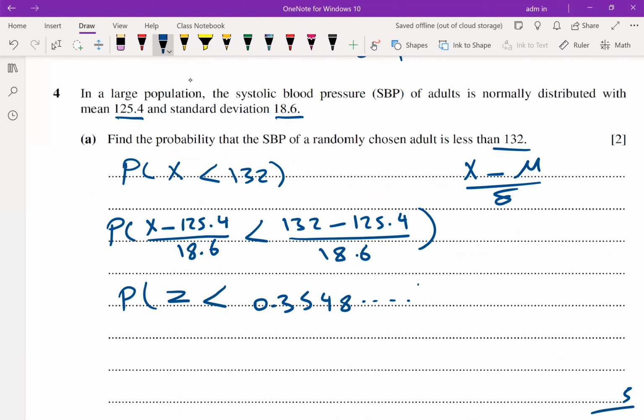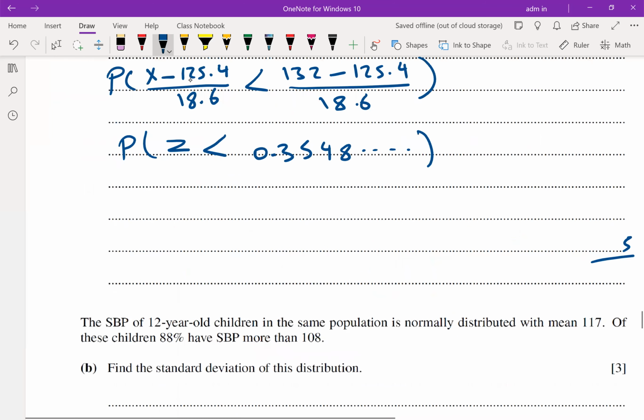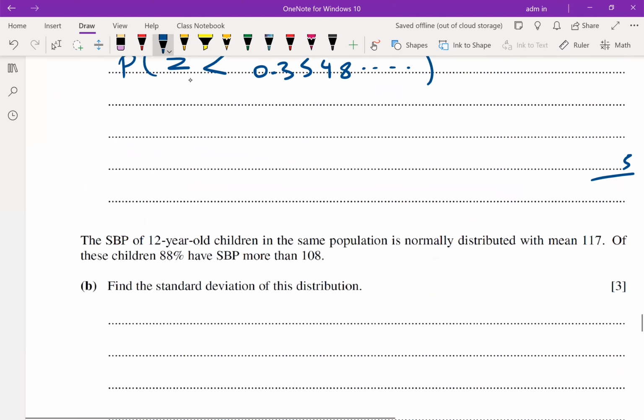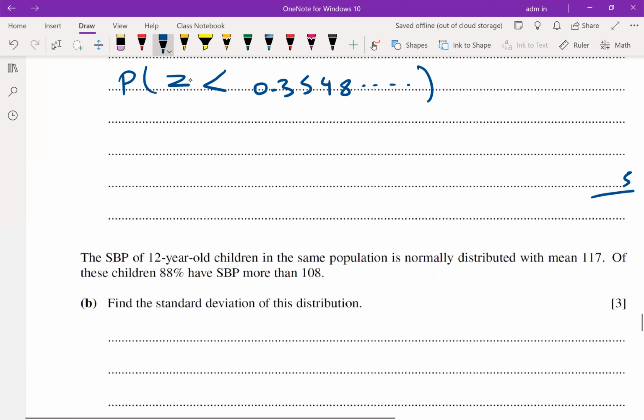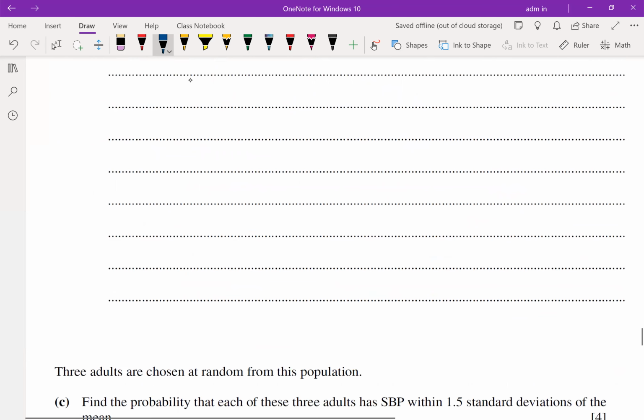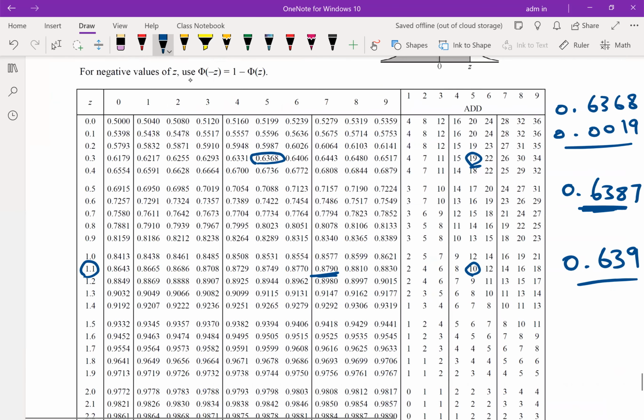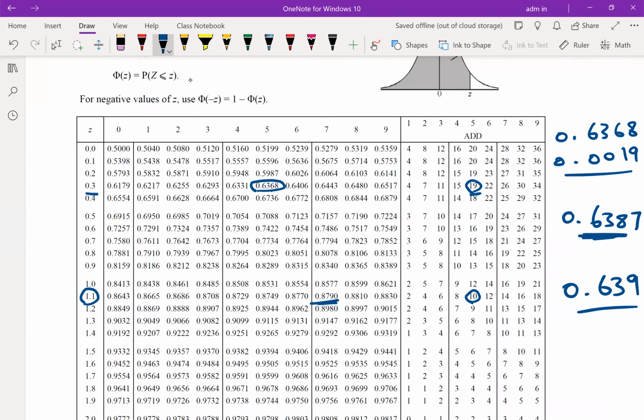How to get your answer from the table? I will show you the solution table now. We'll search for 0.355. For 0.35 we write 0.6368, and 0.005.